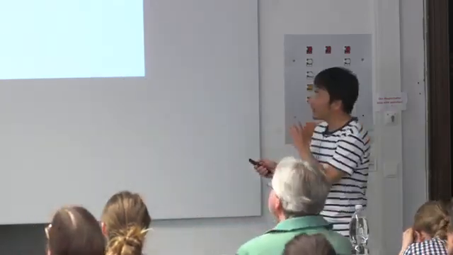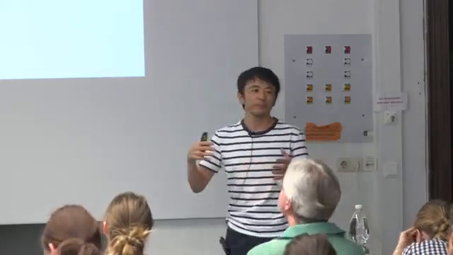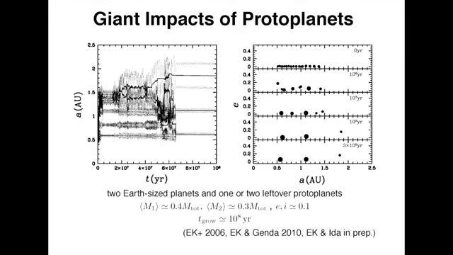But anyway, after this time scale, the system becomes unstable, and we can have giant impacts, so collisions between embryos. And this is an example of the N-body simulations of the giant impact stage. But let me first show you some examples.